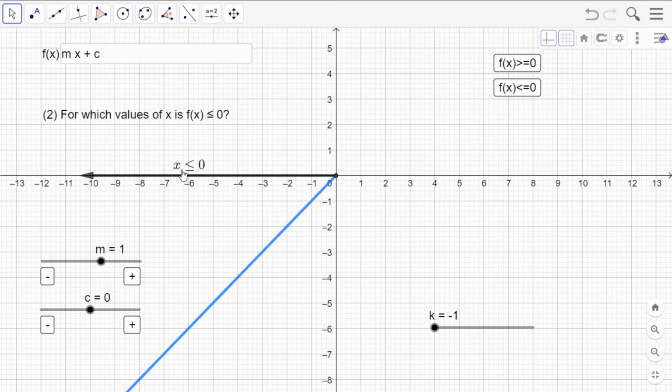And you can see it says x is less or equal to 0, or equal to 0 because we have included 0. Had the question said f of x is less than 0, then we would only have the answer as x is less than 0. But in this case, because it includes y being equal to 0, then our answer will be x is less or equal to 0. And of course, it goes all the way to the left along the x-axis.